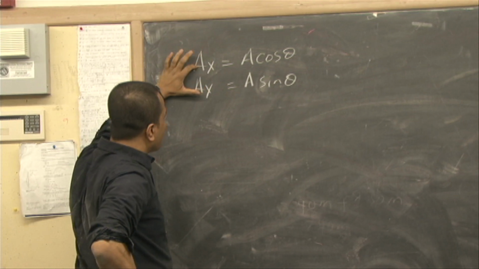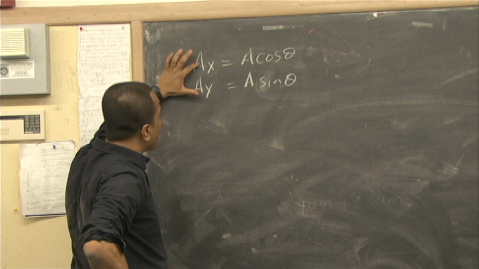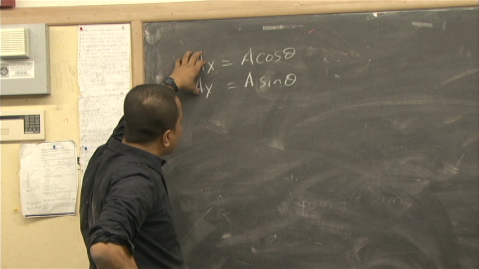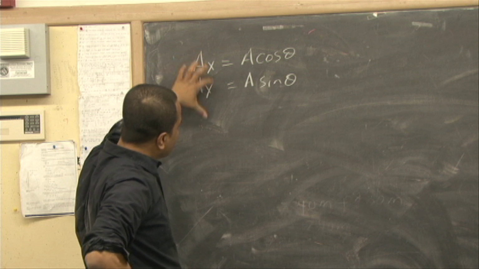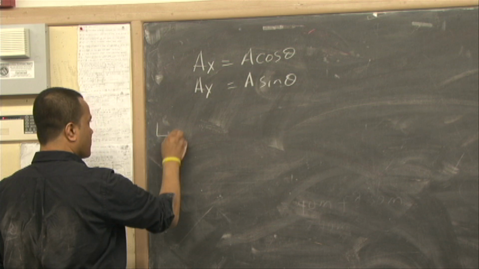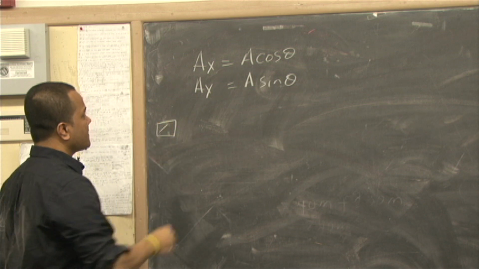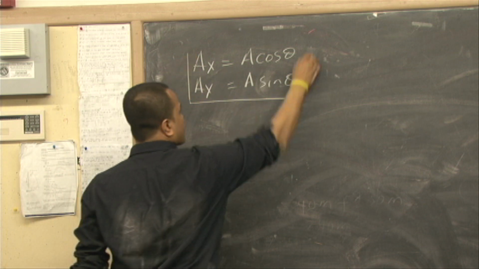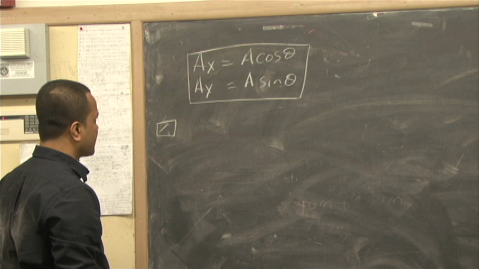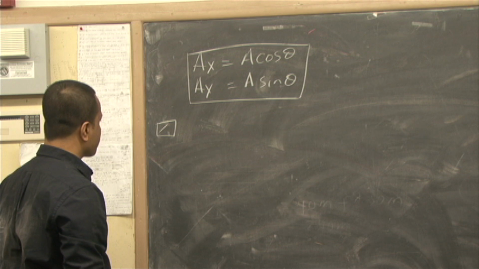A is a vector quantity, and A has two components, x and y. So let's write a question to understand what I mean, to understand these two mathematical laws of physics.